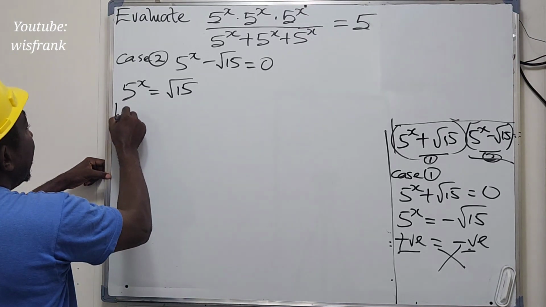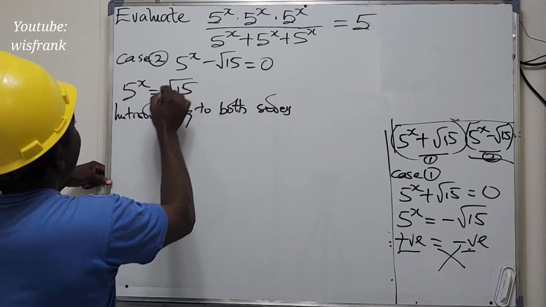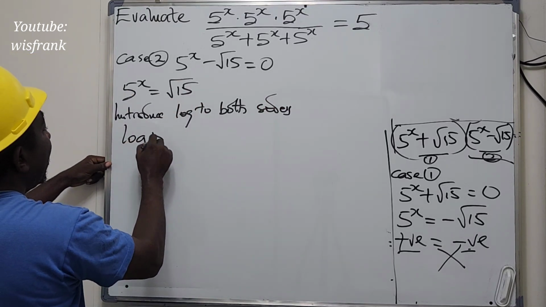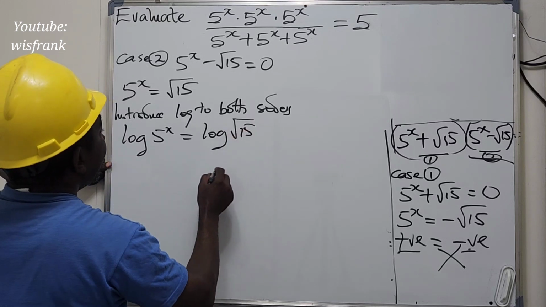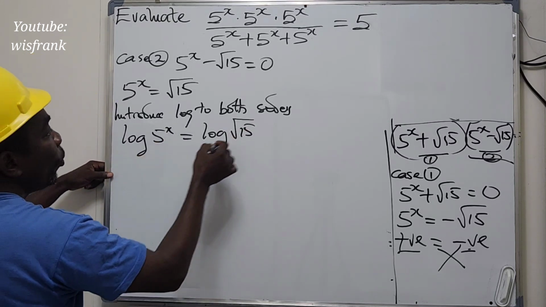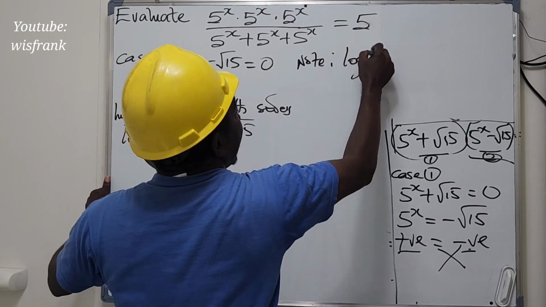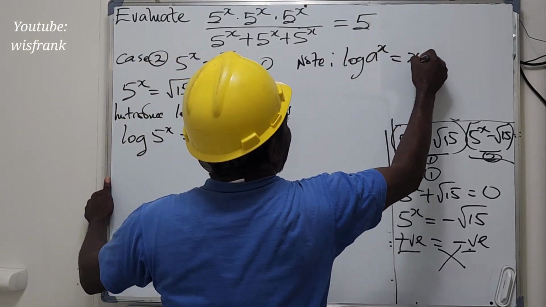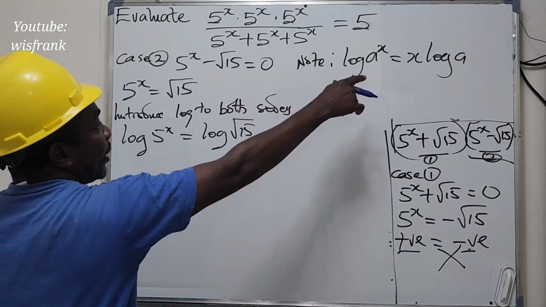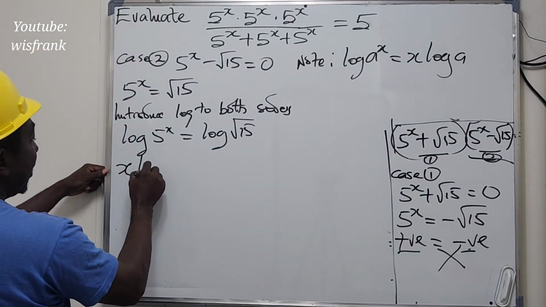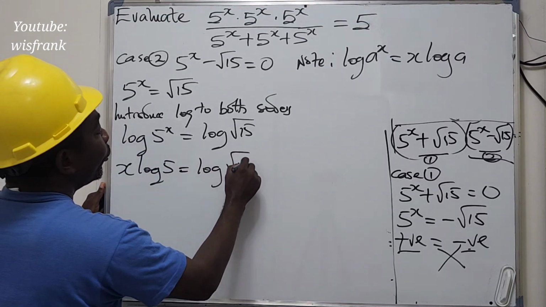So this will become log 5^x equals log root 15. When we recall, we note that log a^x is the same thing as x log a. Expressing this in that format, we have x log 5 equals log root 15.